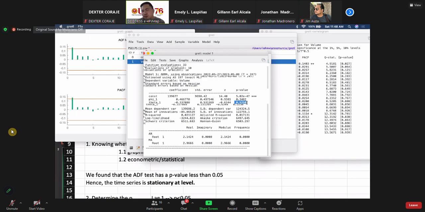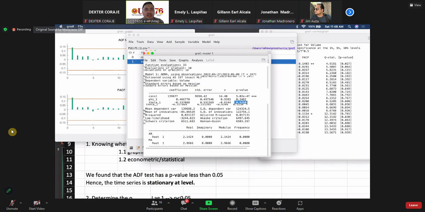So futile ka. Actually, futile ang mag-forecast at this ARIMA 101. But basically, let's just assume na significant, or let's just assume that we were able to determine what specific AR term and MA term siya significant. Let's say that we will proceed with the forecasting nevertheless.